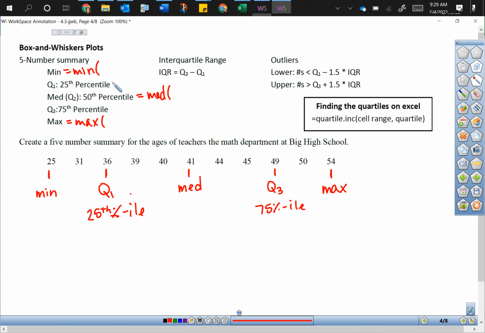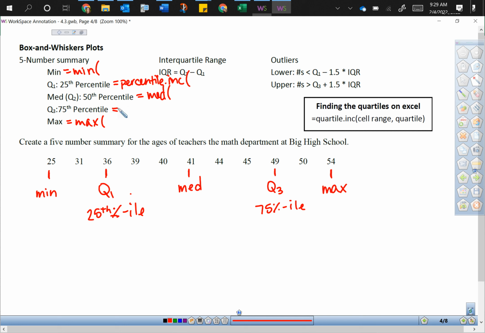The first way you can do it is just like we learned on the front page by typing in percentile.inc, and you want to find the cell range, and then you would put the 25th percentile, so 0.25. That would absolutely work. But Excel also has an actual function for quartile.